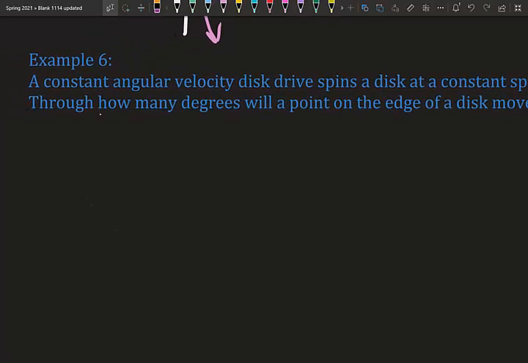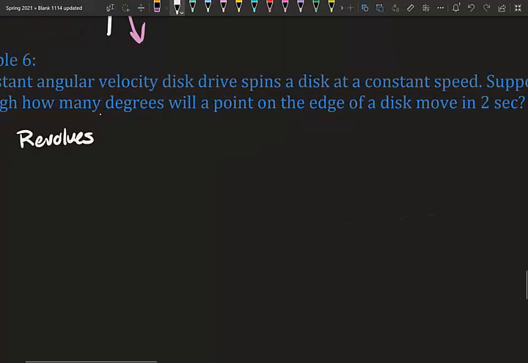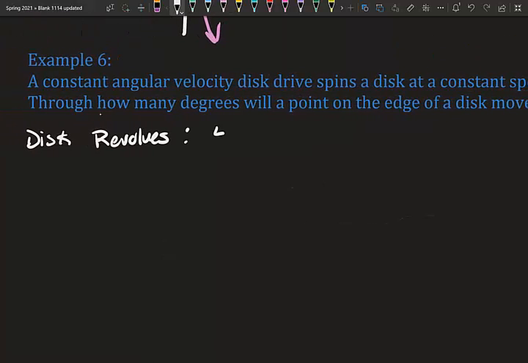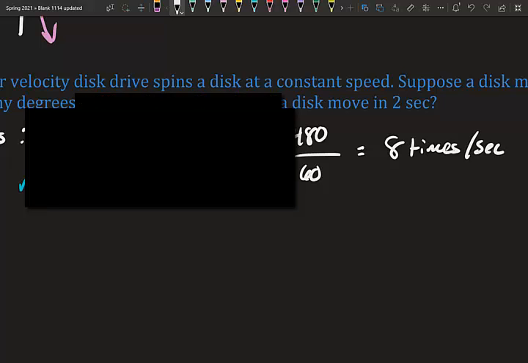So the disk revolves 480 times per minute. I want to know per second, because we're talking about 2 seconds. So I want to convert this to seconds. We do 480 divided by 60 and we get 8 times per second.